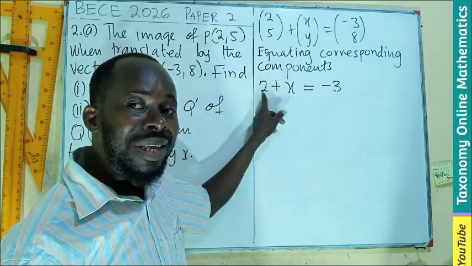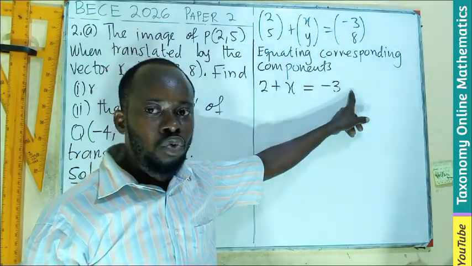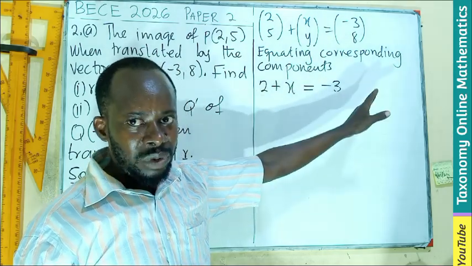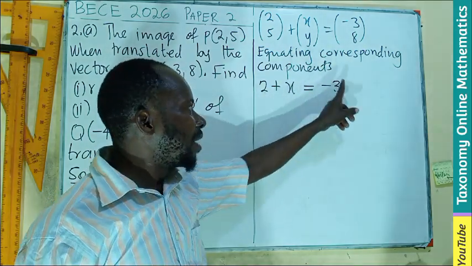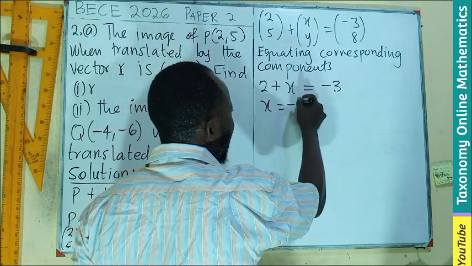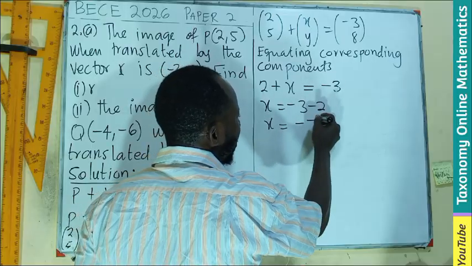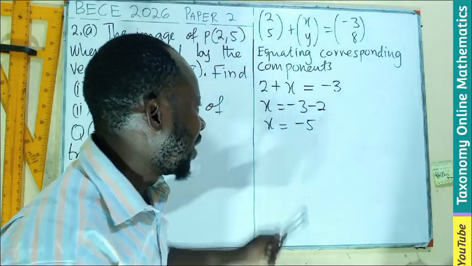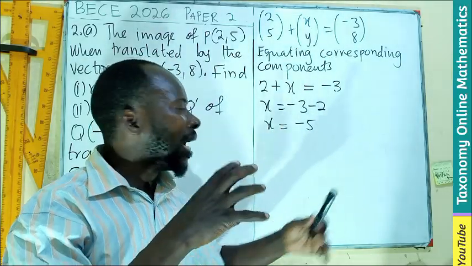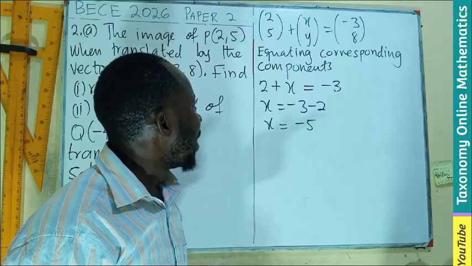Removing the 2 means subtracting 2, and because the equal sign means whatever I do to the left must be done to the right, I subtract 2 from both sides. So x equals -3 minus 2, which makes x equal to -5. This is -3 plus -2, adding them together gives a total of -5.